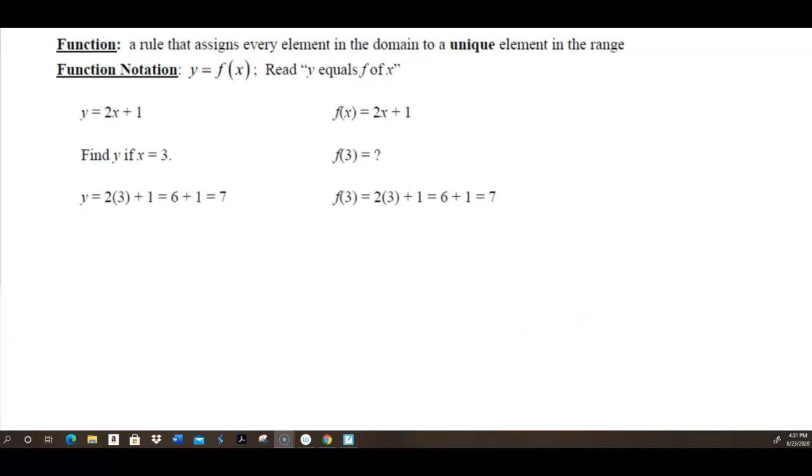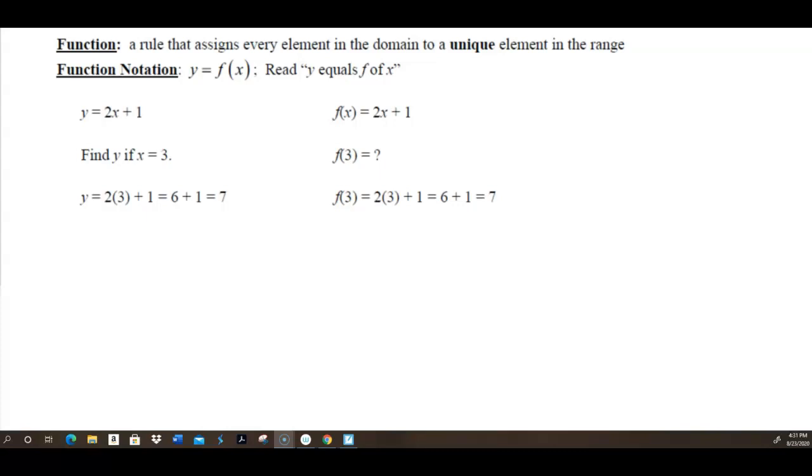Here's a reminder on function notation and what a function is. Remember, a function is a rule that assigns for every element in the domain exactly one unique element in the range. So for every input, there's exactly one output.